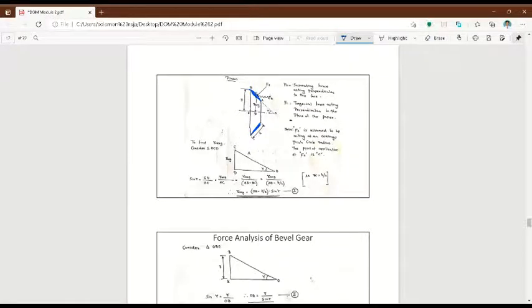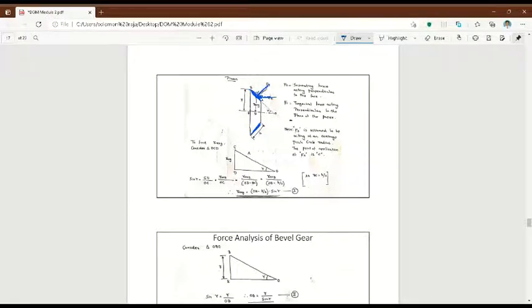So we are going to see what forces might act on that plane. Two forces will be acting on this face. The first one is the tangential force. Another one is the separating force.